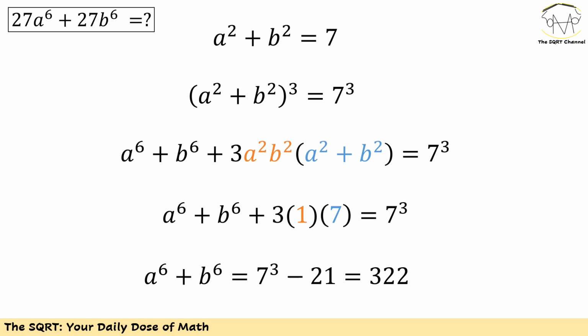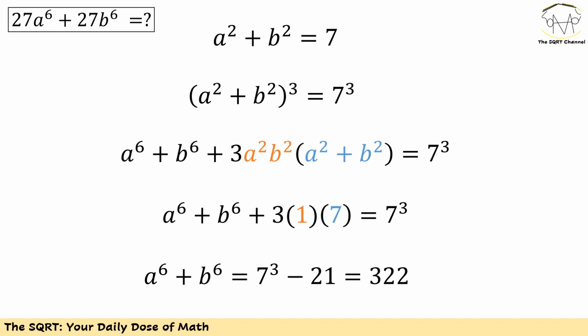That's the first step. Now I'm going to use an identity that we already know. The cube of a squared plus b squared is going to be a to the power of 6 plus b to the power of 6 plus 3 times a squared b squared times (a squared plus b squared).